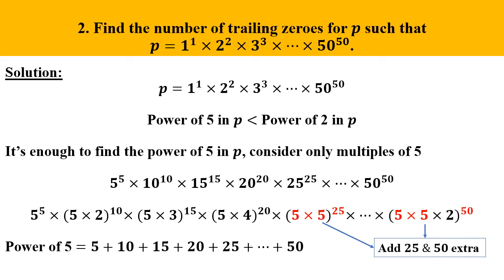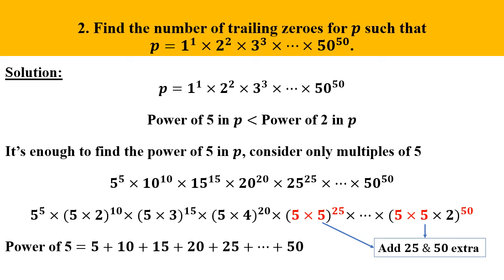So to find the power of 5, 5 power 5 contains 5 fives here. So 5 into 2 whole power 10 contains 10 fives here. So plus 10, plus 15, plus 20, plus 5 into 5 whole power 25. Here there are two 5's. So one 5 is 25 times there and the second 5 is also 25 times here.